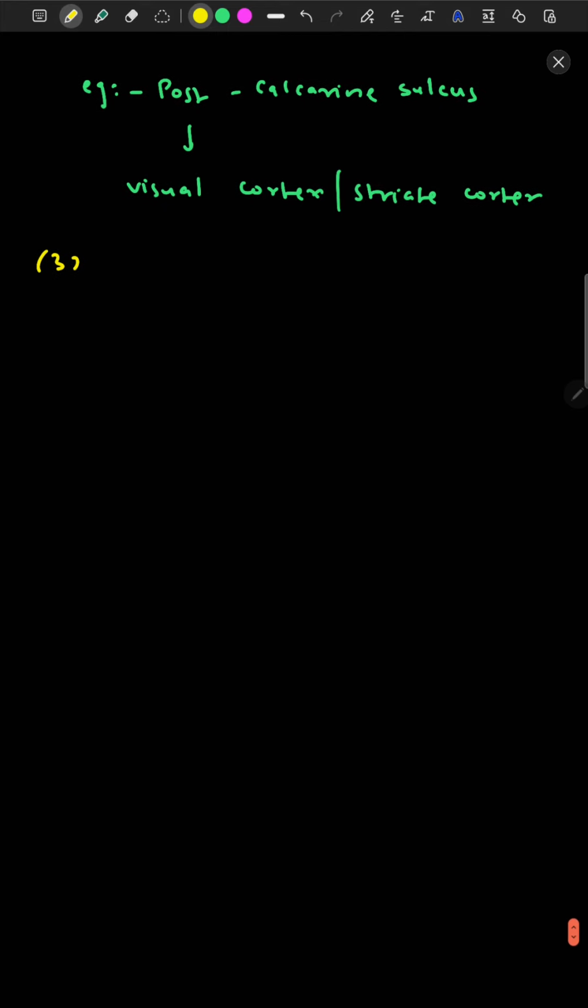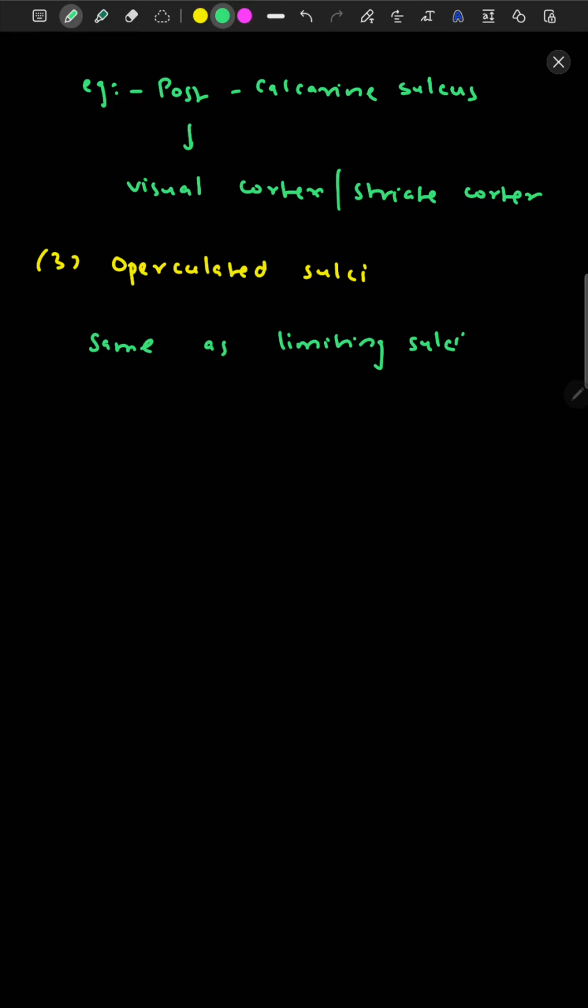The third one is the operculated sulcus. The operculated sulcus is the same as the limiting sulcus, but the wall and lip of the sulcus contain a third area.